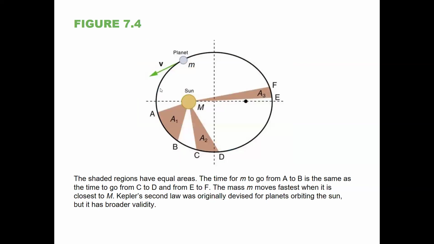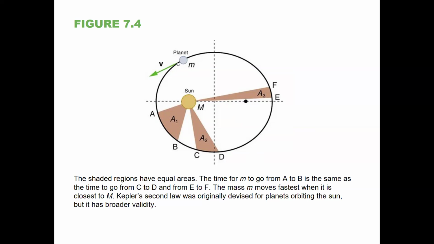Now this is very interesting. Here we see little m, the planet with the smaller mass, versus the center of gravity, that is big M, the sun. And obviously the planet is rotating around the sun in this elliptical orbit. At each point, this planet obviously has an instantaneous velocity.